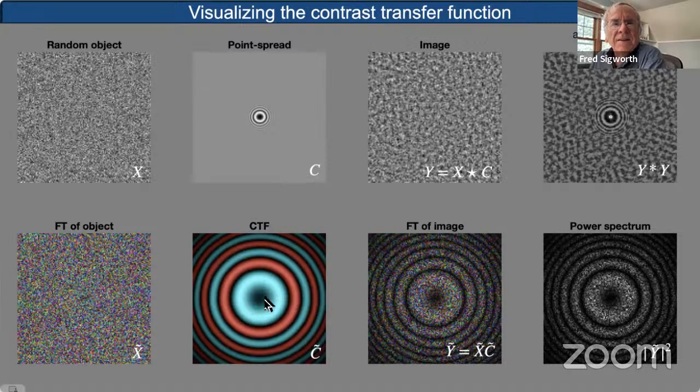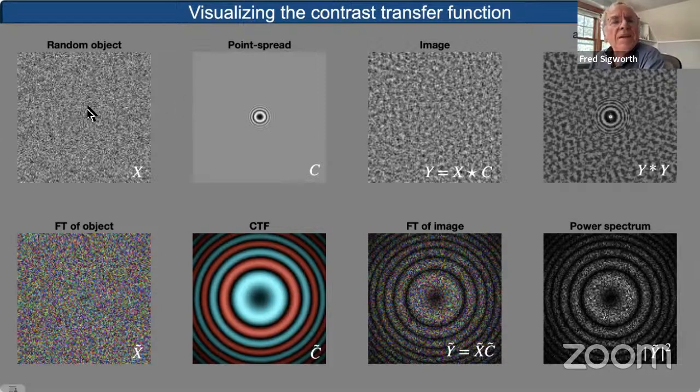The colors are such that red is positive and blue is negative, and so this is our familiar oscillating negative, positive contrast transfer function. This turns into a point spread function that's sort of complicated, and nobody thinks about that because it's so much simpler to do the Fourier trick.